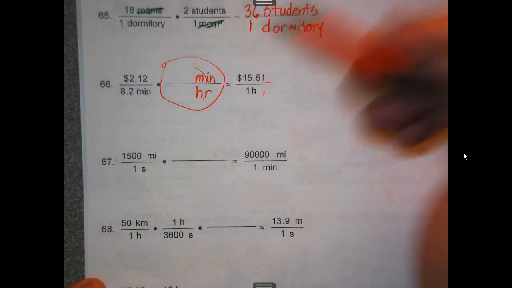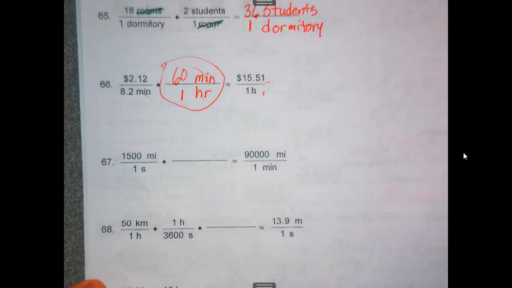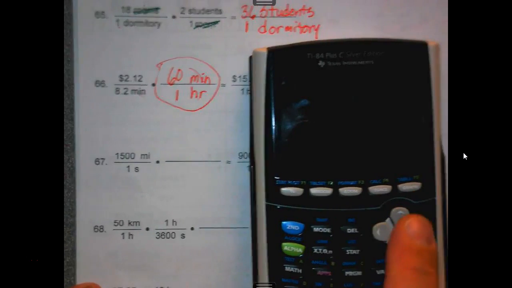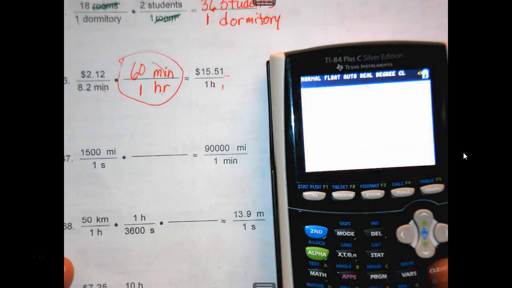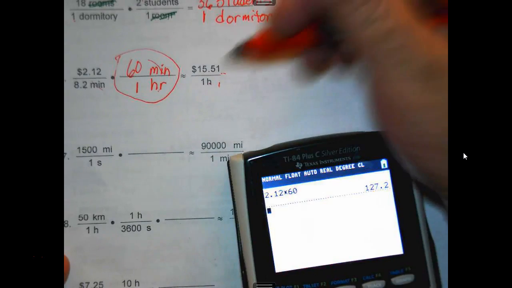How many minutes in an hour? 60 minutes in an hour. Okay. Now, on your calculators, we're just going to check our answer to make sure it's right. I'm going to hit 2.12 times 60 gives me, oh, 127.2.